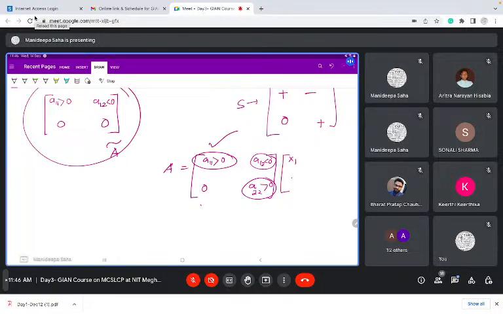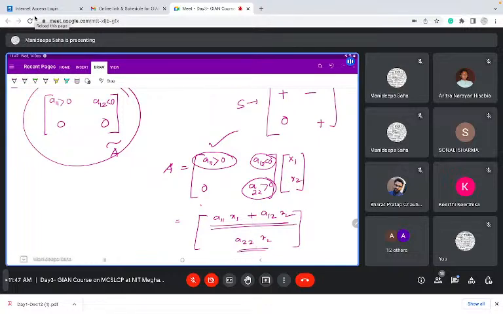Then if I choose x1 and x2, the large entries dominate, and the negative or zero ones are small enough. So this becomes a11 x1 plus a12 x2, and 0 plus a22 x2. We can choose x1 large and the negative term small, so that this is positive, and similarly this is positive.